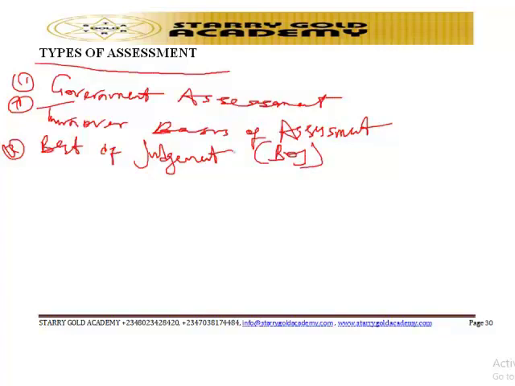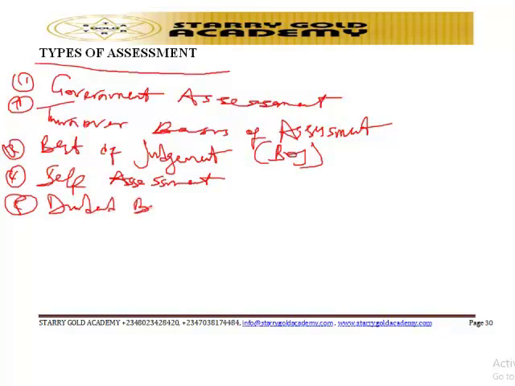We have the self assessment, and then we have the dividend basis. Okay, we have additional assessments.